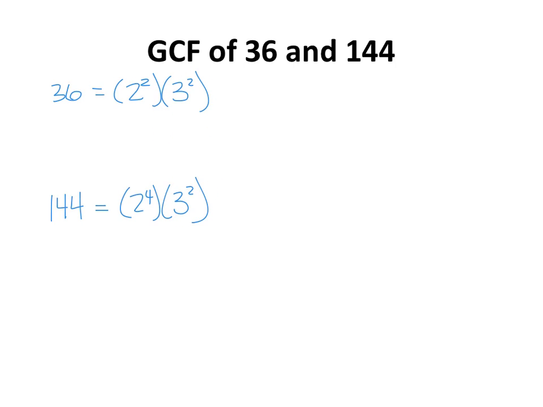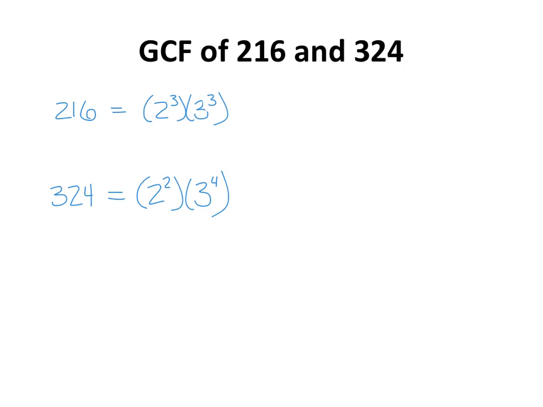That will be part of our greatest common factor. They also each involve a power of 2. In this case, we're going to choose the smaller power of 2. Our greatest common factor will involve 2 squared multiplied by 3 squared. And using our calculators to help us out, this greatest common factor is 36. Since that is equal to, but not larger than one of the numbers in our list, this is a perfectly acceptable answer.